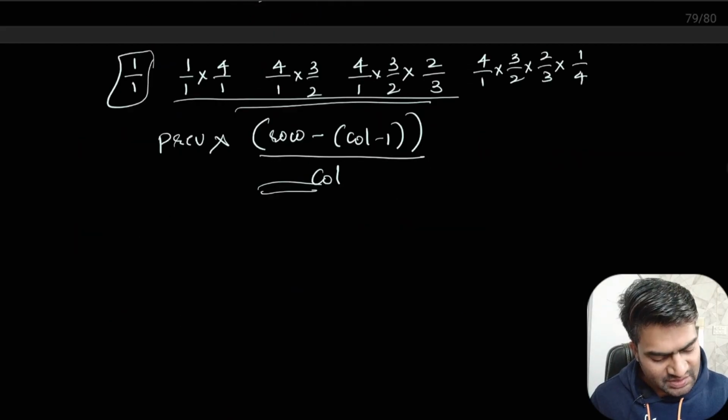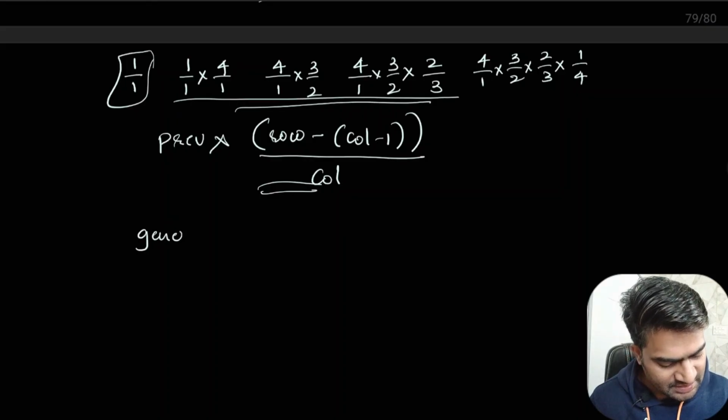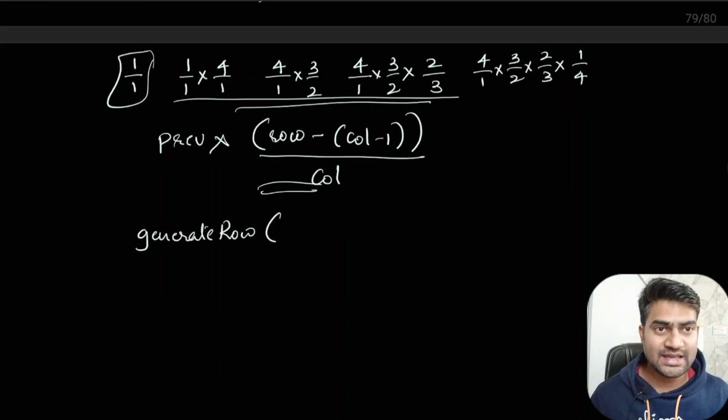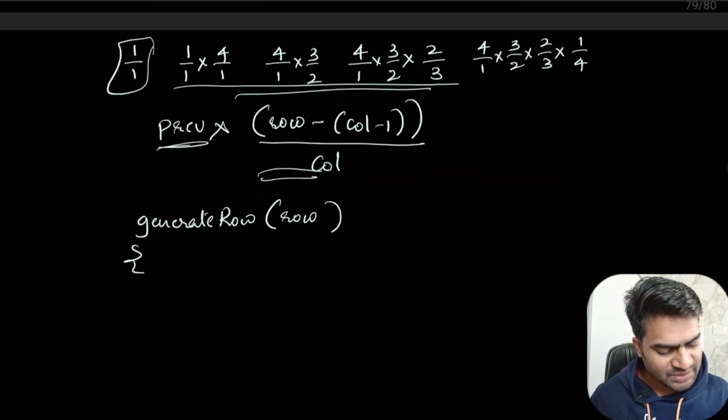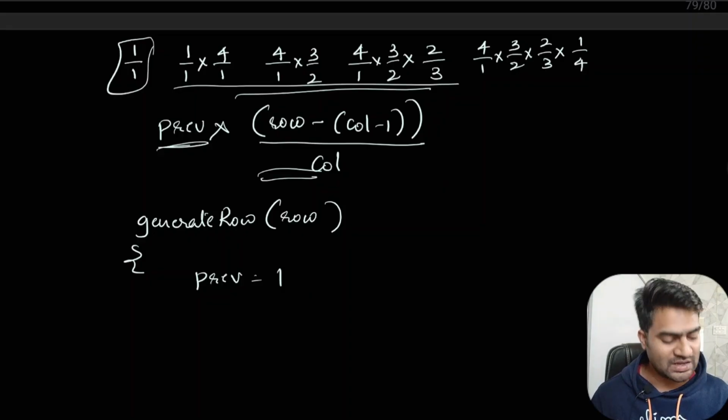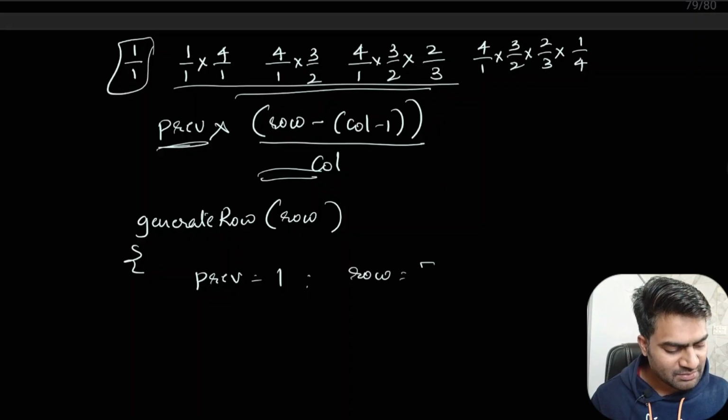Let us write pseudo code for generating the row. Generate row will take the row number. Let us take a previous value and assume it is 1. Our entire row will be an empty array, which I will call row array.